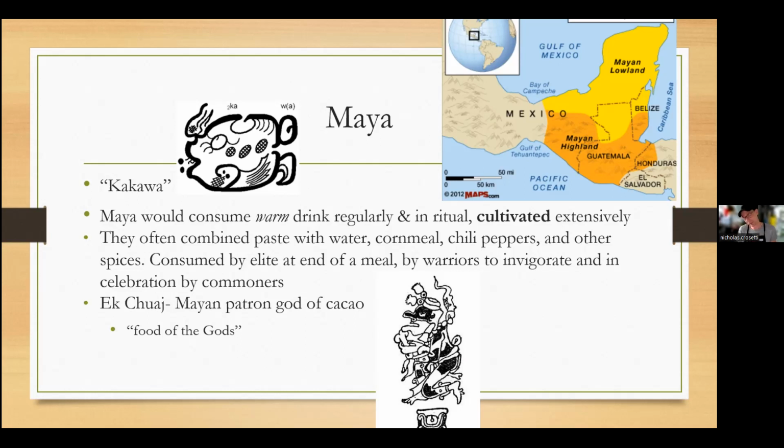It was consumed as an aperitif, at the end of a meal with religious ceremonies. It was drunk in celebration by just common folk, given to warriors. I mentioned the stimulant properties as an invigorative drink. But a key difference with the Maya, it was a warm drink for them, often combined with chili peppers to give it a spiciness. The drink itself is fairly bitter, if not mixed with cornmeal and other additives.